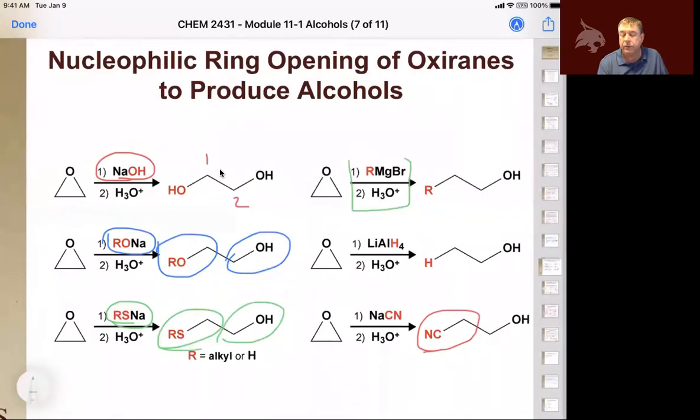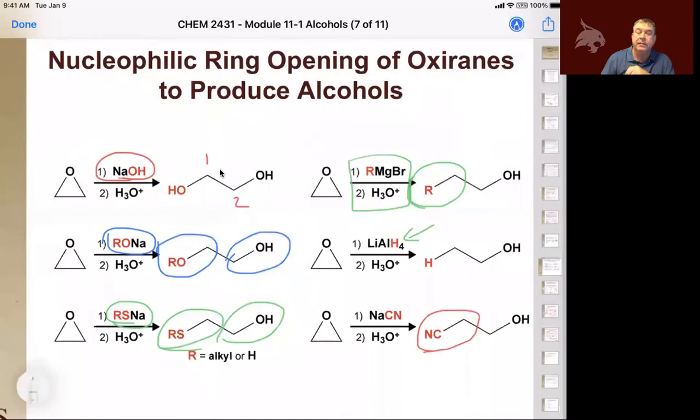We can even hit it with a Grignard reagent. Ethers are usually very stable to Grignard reagents. We do Grignard reactions in diethyl ether. They normally don't react, but because of that ring strain, the Grignard is a good nucleophile, and it will open it up. So we create a new carbon-carbon bond on one of the carbons and the alcohol on the other. Okay. And remember, we just learned about this new nucleophile, the hydride.